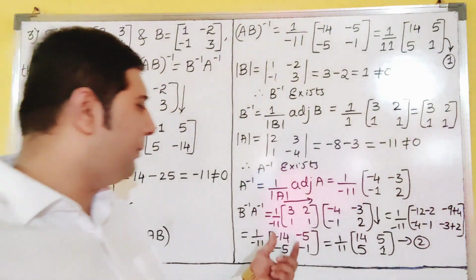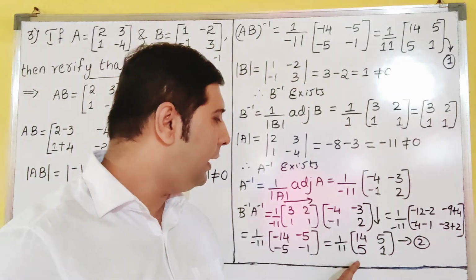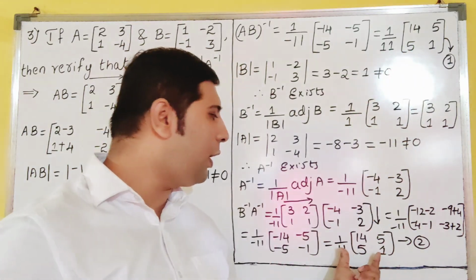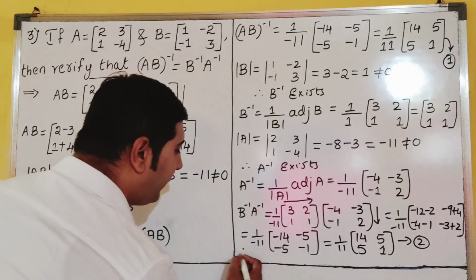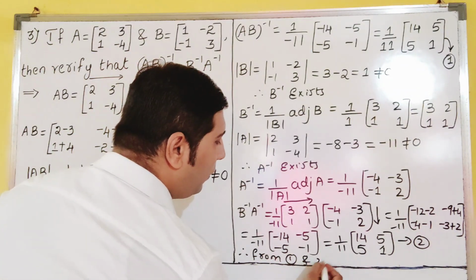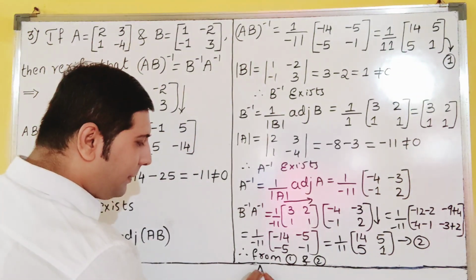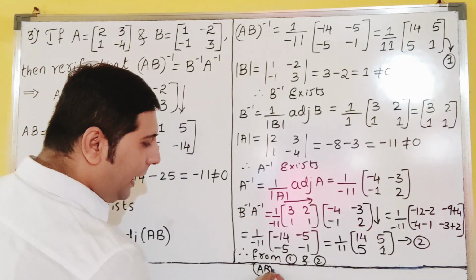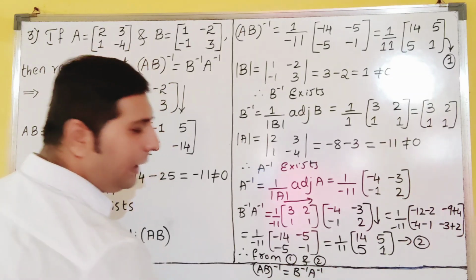So dear students, you observe. Equation 2 you have got this answer. Equation 1 you see, same or not? Both are same. So from 1 and 2, I will write here, dear students, AB inverse is equal to B inverse into A inverse.